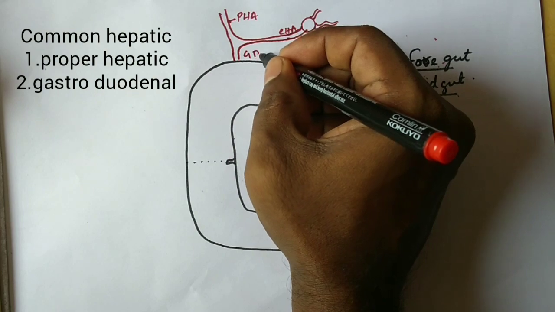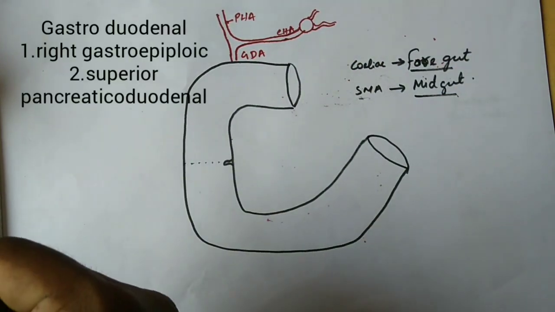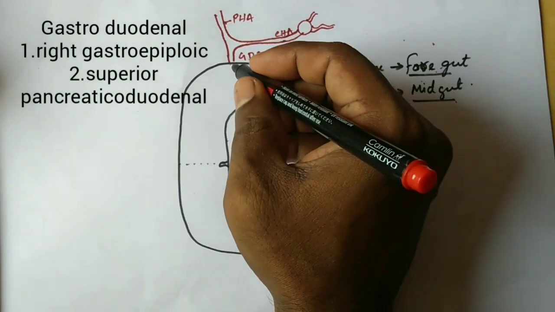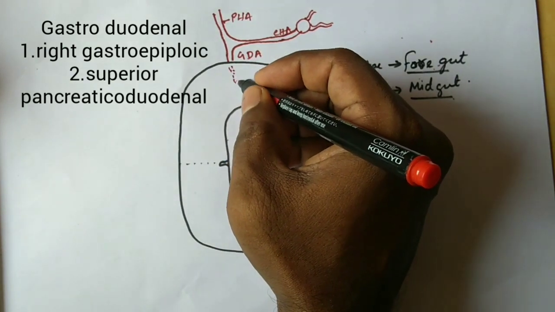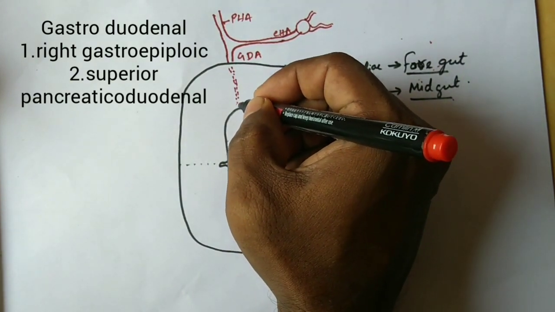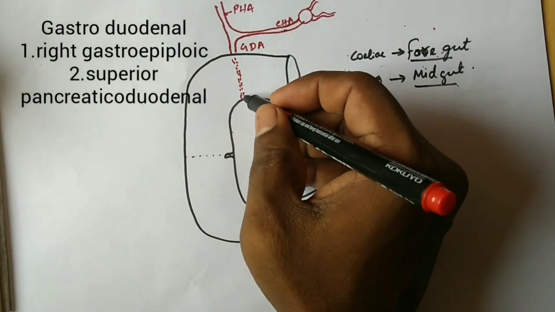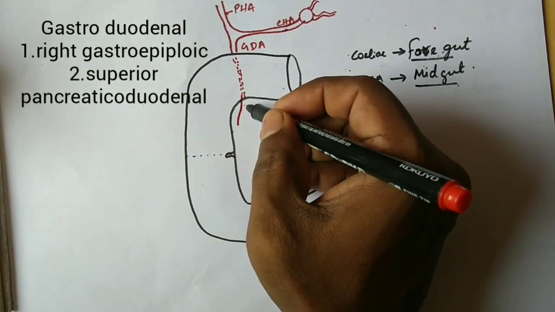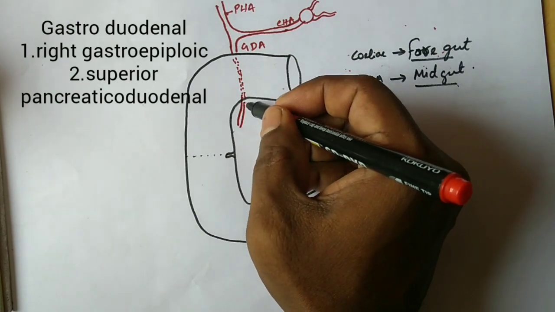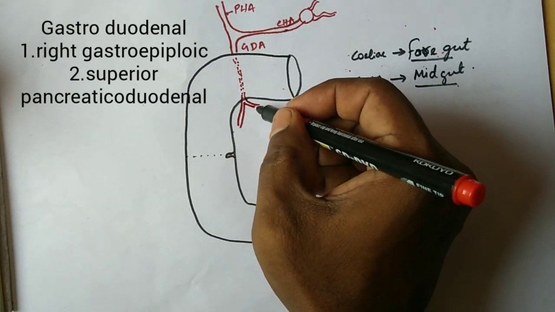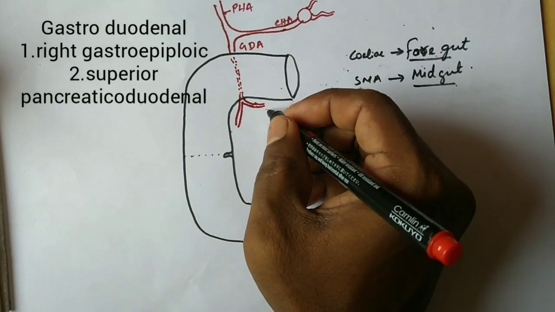This is the gastroduodenal artery. It goes posterior to the duodenum and divides into the superior pancreatico-duodenal artery and the right gastroepiploic artery.